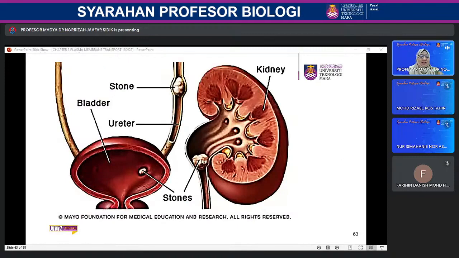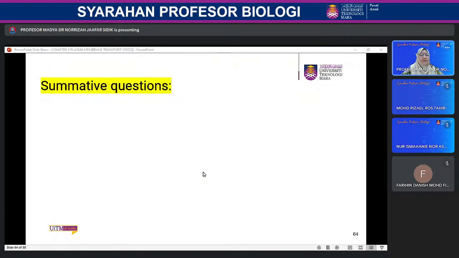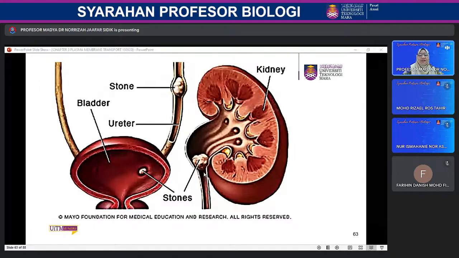You can see the stones here blocking the ureter, and the stones can also be found at the lining of the bladder. Okay, this is the last slide for the lecture.